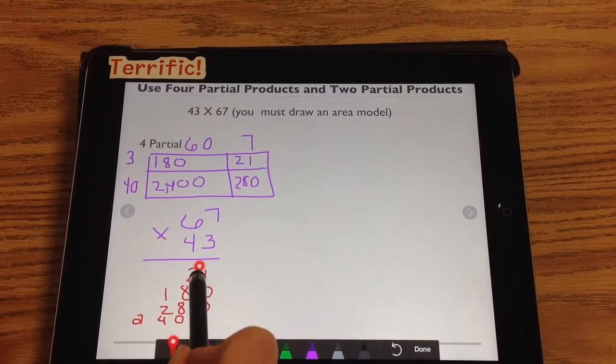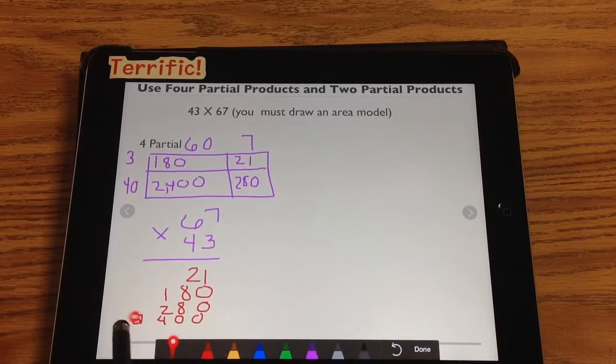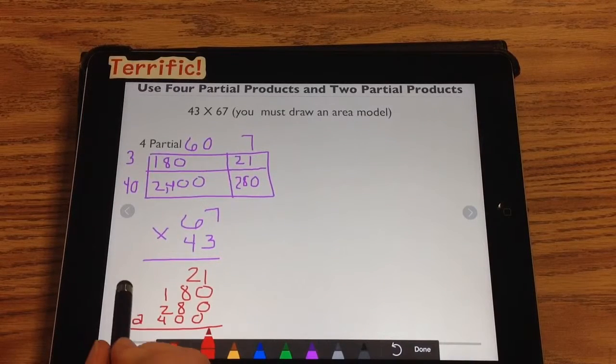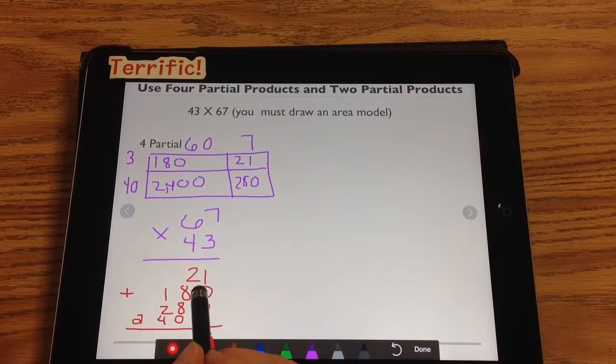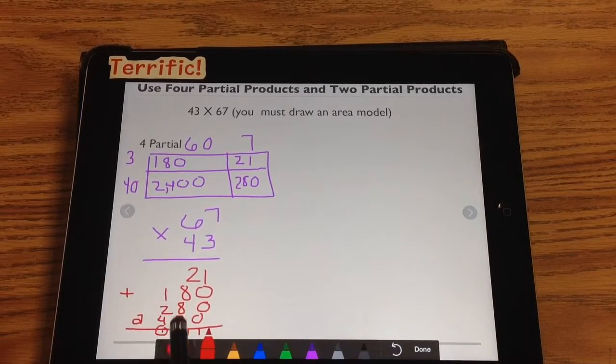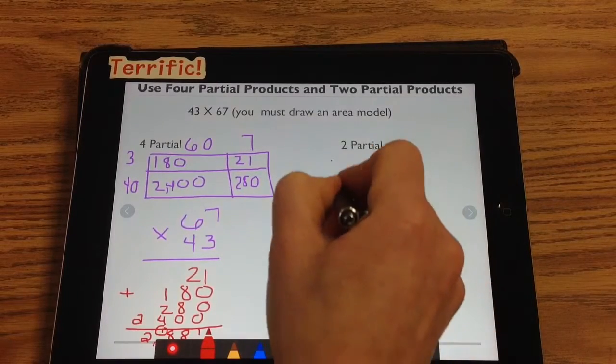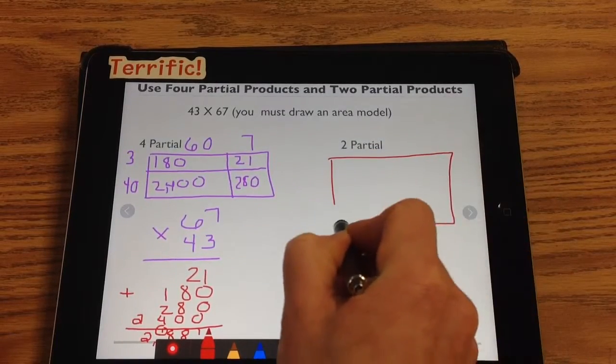I have the same exact numbers as I had for my area model. And then I add them all up. 1, 8 plus 8 is 16, plus 2 is 18. 4, 5, 6, 7, and 8, and then 2. 2,881.